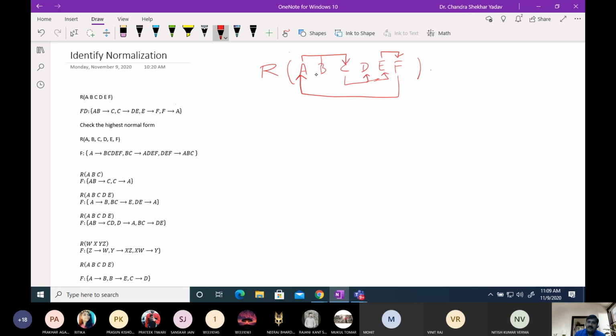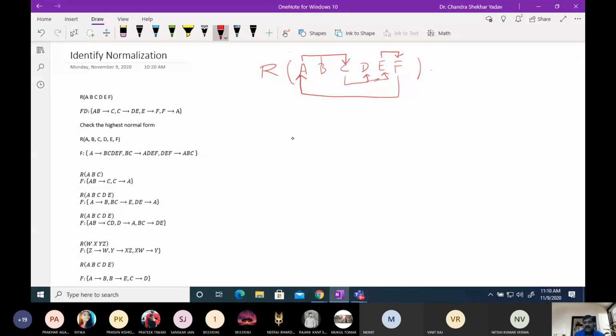Actually, B has no incoming arrow. No arrow is coming towards B. So definitely B is a part of the candidate key. This is the trick.